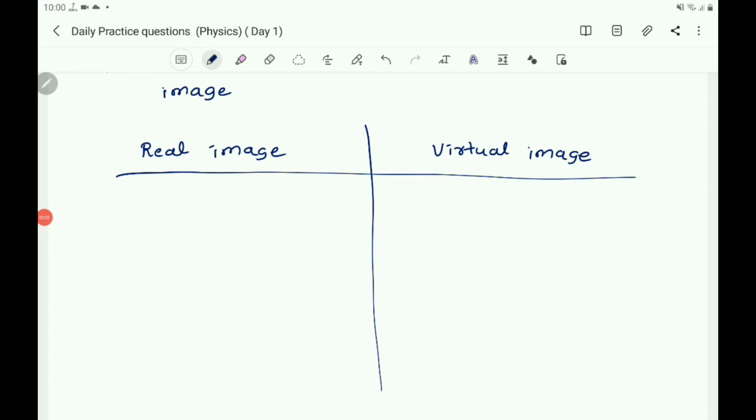So in real image, the refracted rays actually meet at the image point. So write first one, rays actually meet at the image point.